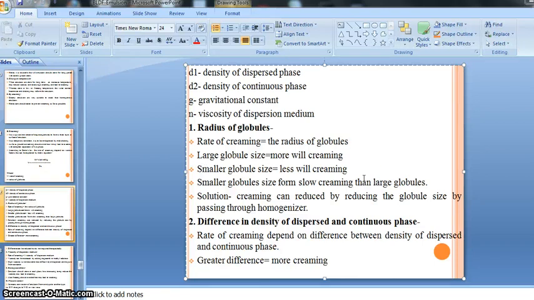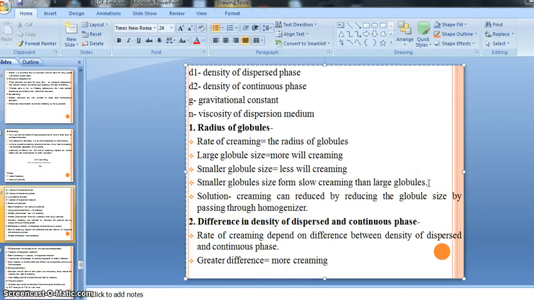If you want to minimize the rate of creaming, we will go for minimizing the size of our globules. If the globule size becomes less, ultimately the radius will be less, and we will get a lower rate of creaming, right? Smaller globule size forms slower creaming than large globules.